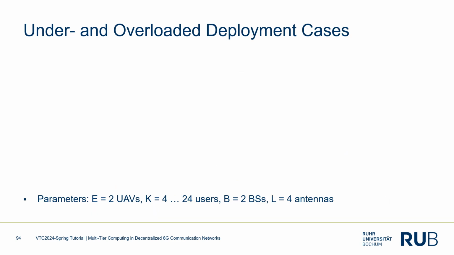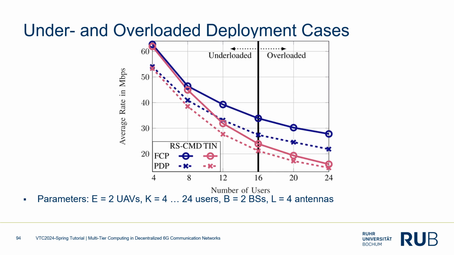Next, we want to check underloaded and overloaded deployment cases. In this figure, we show the average rate in megabits per second versus the number of users. For this scenario, 16 users is the break-even point: the left-hand side is underloaded systems, where we have more available antennas than users to serve, and the right-hand side is the overloaded deployment case, where we have many more users than antennas.